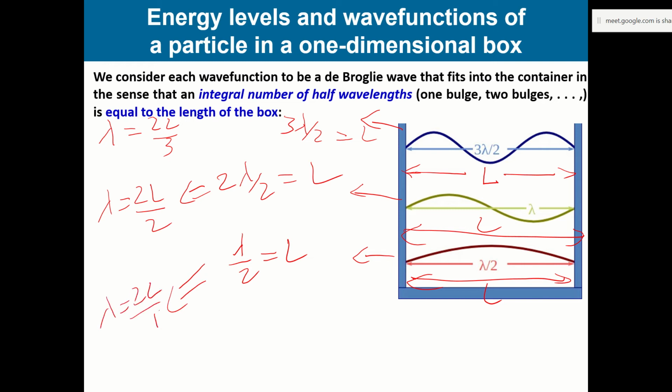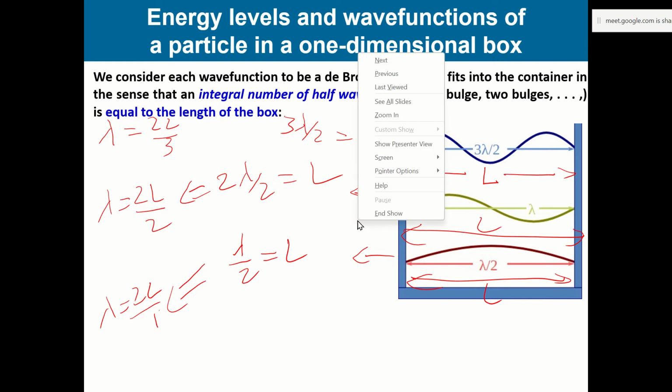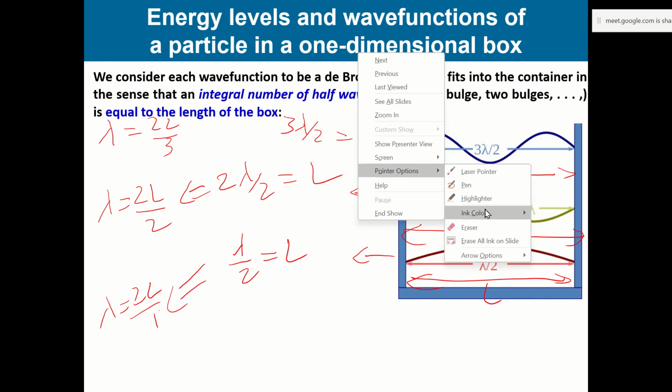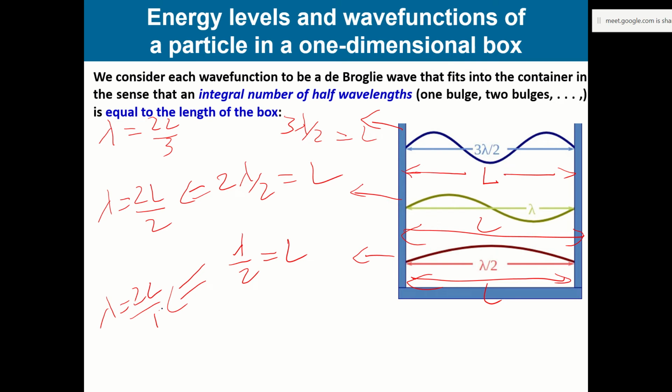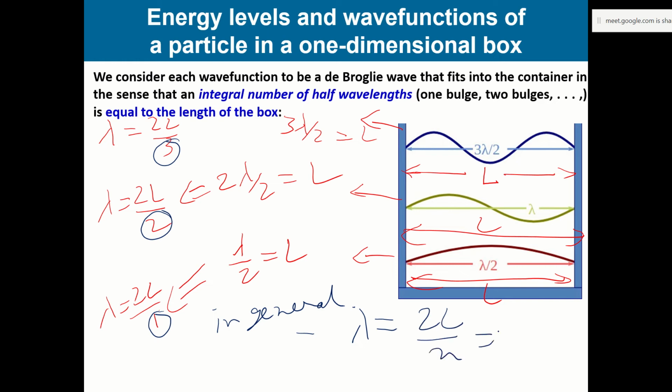So if you are noting this point, you are seeing a trend, 1, 2, 3. So in general you can write that lambda should be equal to 2L by n, where n is equal to 1, 2, 3 and so on.